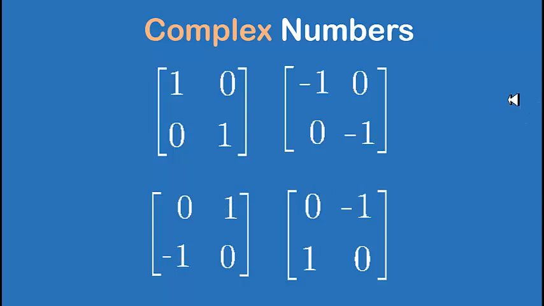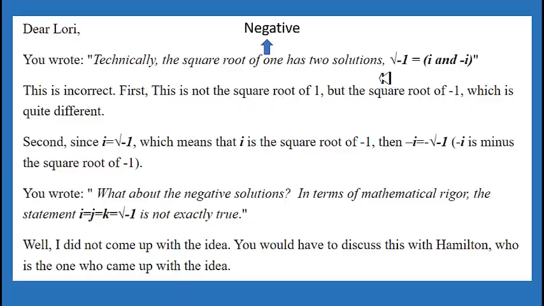Okay, so I'm going to leave it at that, and I hope I made my points clear, and hopefully I can get through to my colleague on this very important point, I believe very important point, that i equaling the square root of negative 1, or using this expression here, i equals j equals k equals square root of negative 1, is maybe foolhardy, because Hamilton did not come up with this idea, so I would have to go and discuss this with Hamilton.